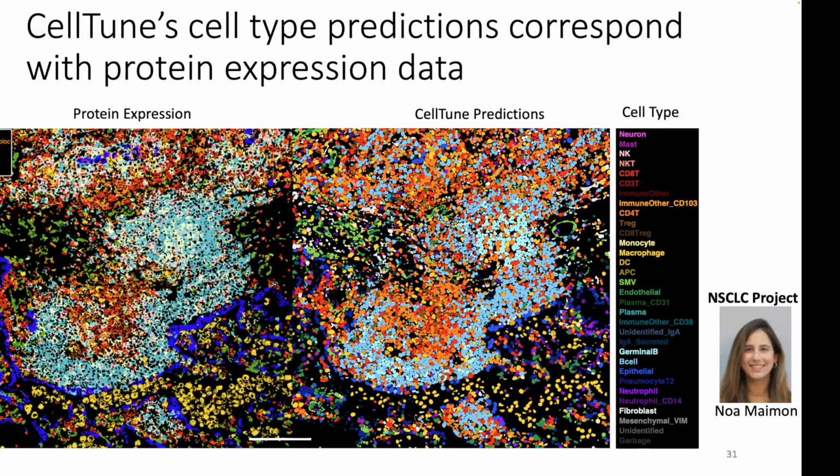And I have a few slides left, so we'll finish shortly. We have an example from lung cancer. We see, even where there's a lot of cells mixed together, we're getting good representation, at least, of the different types of cells.